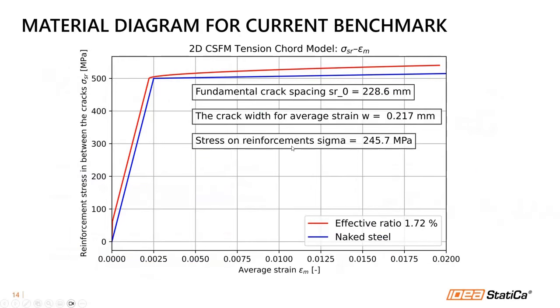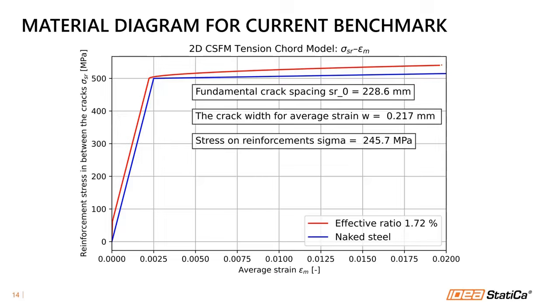If I move forward, I just printed out the diagram that is stepping into the simulation for reinforcement bars. So again, on the vertical axis there is the stress in between the cracks. On the horizontal axis there is the average strain.